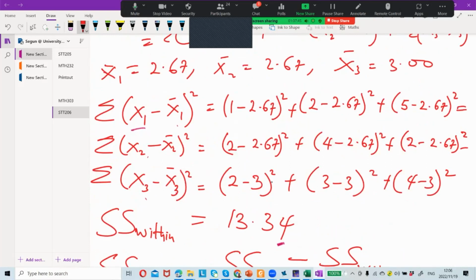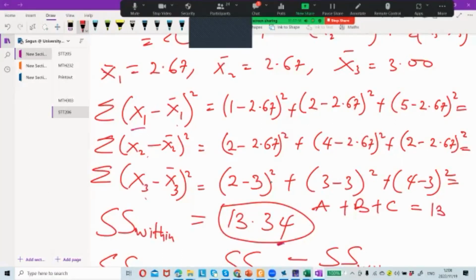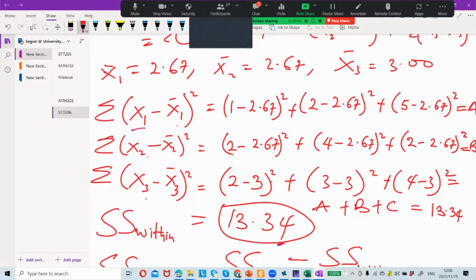What do you get here? And what do you get here? Add everything together. It will give you this. That is A plus B plus C will give you 13.34. This is A, this is B, and this is C. Is that okay?